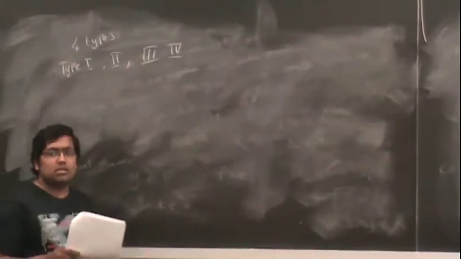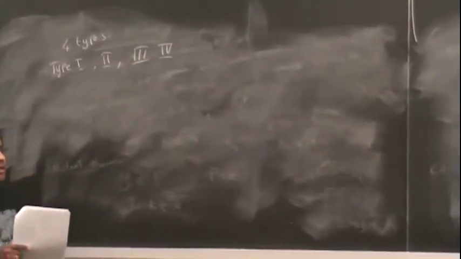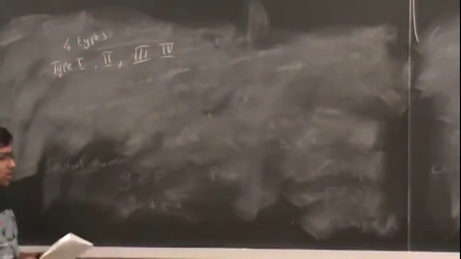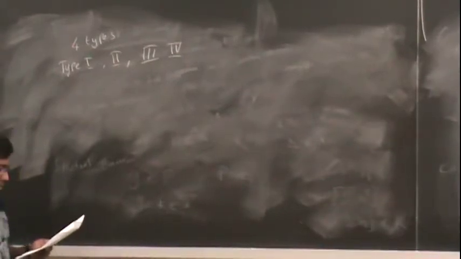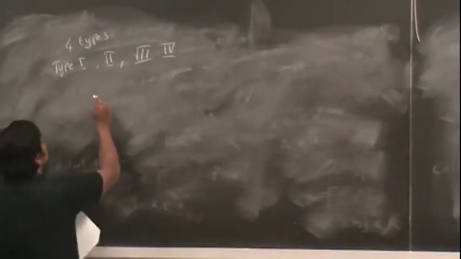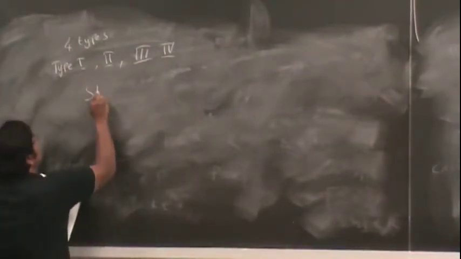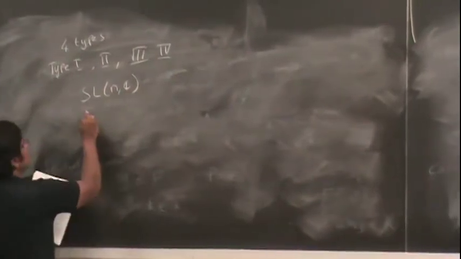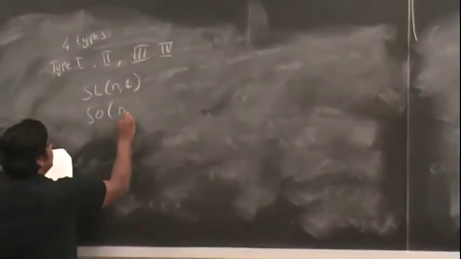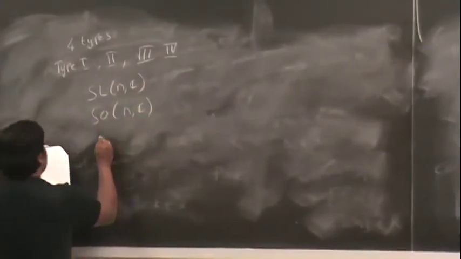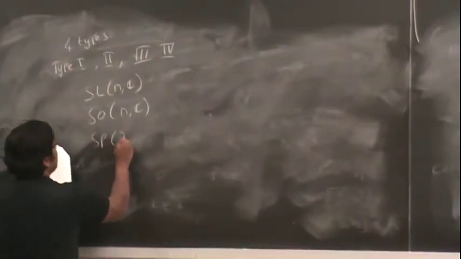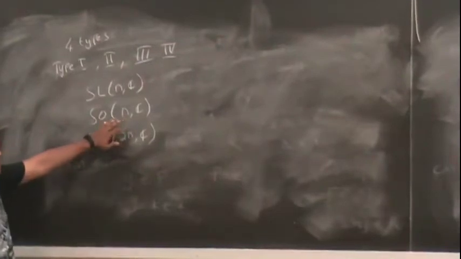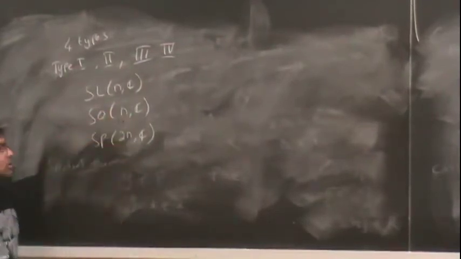We have already discussed the classification that I just reviewed in one sentence in the beginning. We have these 4 different families: SL(N,C), SO(N,C), Sp(2N,C), where this was further divided into odd or even, right?